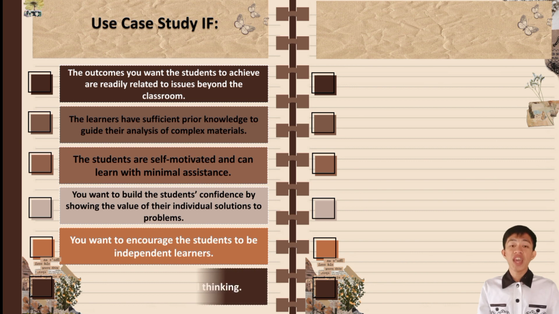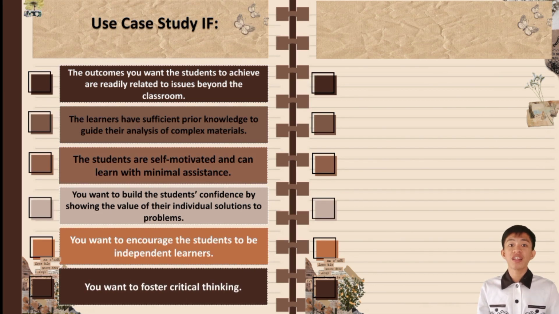And 6, use case study if you want to foster critical thinking. Case study is a very critical condition of a learning or teaching method or strategy because it involves lots of situations that could develop the students to be more productive in obtaining knowledge from the different situations in life.